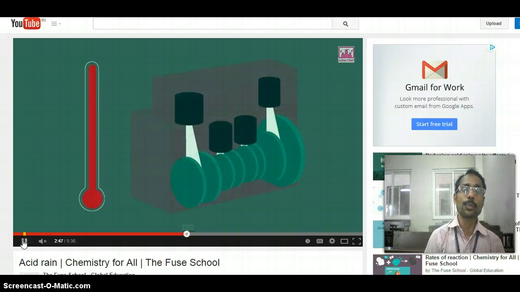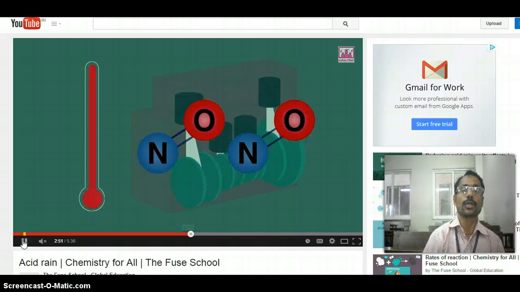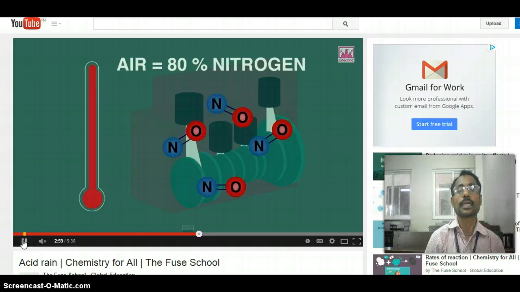Similarly, when fossil fuels are burnt, some nitric oxide, NO, is also produced, and air contains 80% nitrogen in the atmosphere.